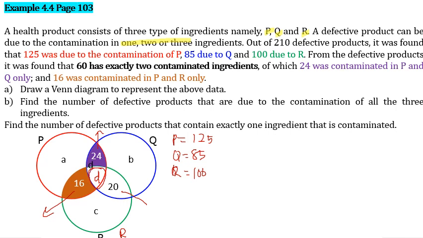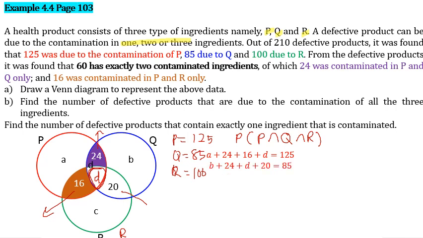The region is P, Q, and R. So for P, A plus 24 plus 16 plus D equals to 125.